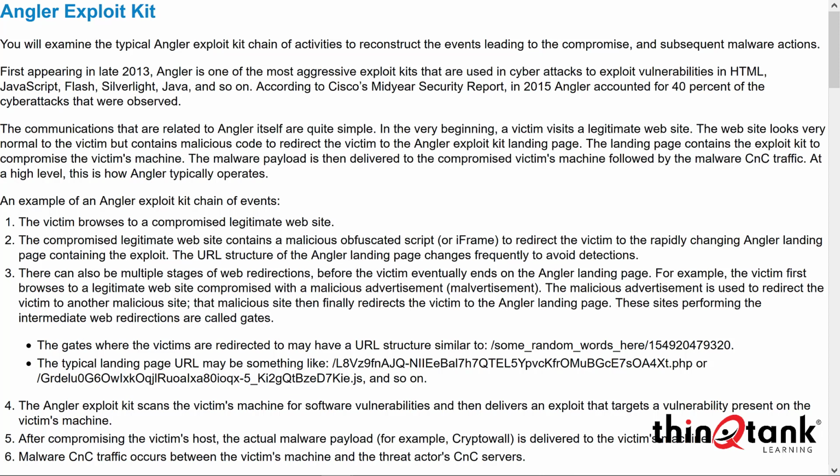But in March of around 2015, there was a report that was published, called The Evolution of Exploit Kits. And it noted basically in 2013 that there was this kind of new exploit kit that existed called Angler.